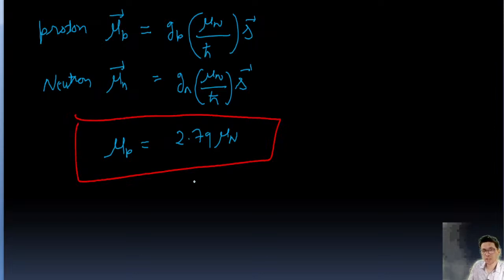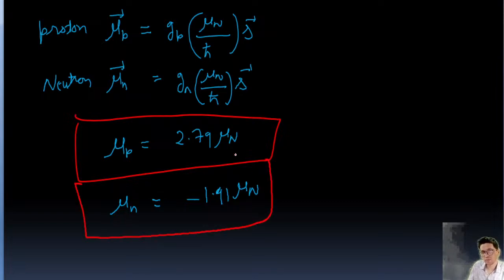This is the magnetic moment of proton. And the second, the magnetic moment of neutron, is equal to minus 1.91 mu n. So mu p is 2.79 mu n and mu n is minus 1.91 mu n.